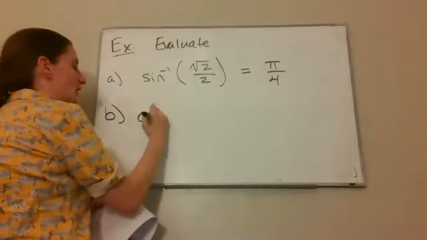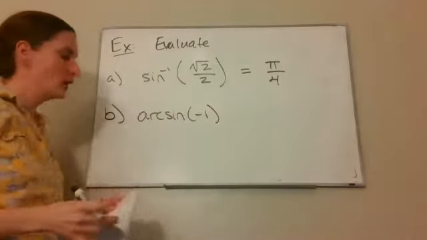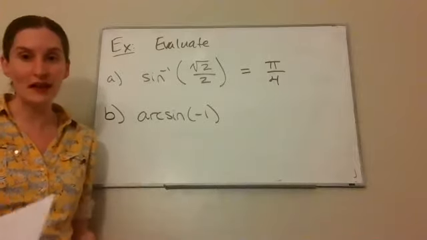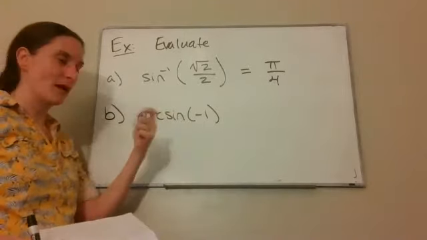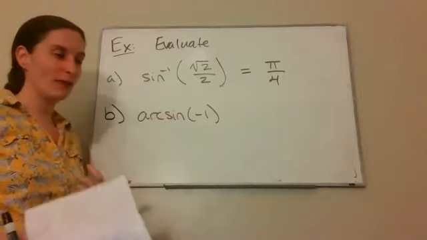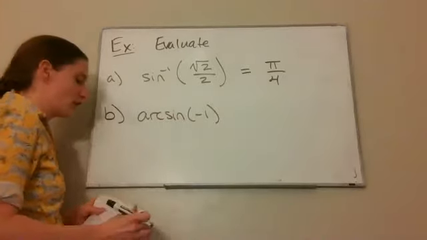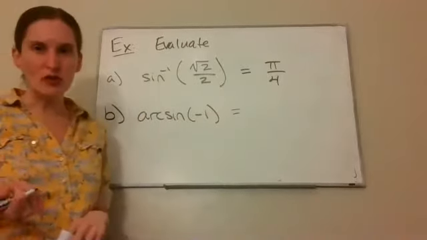The next one, let's do arcsine of -1. Now remember, arcsine is just another notation for inverse sine. It's the exact same function. So this is saying what angle, when I plug it into sine, will give me an answer of -1. Using my unit circle, you might think that the answer would be 3pi/2.